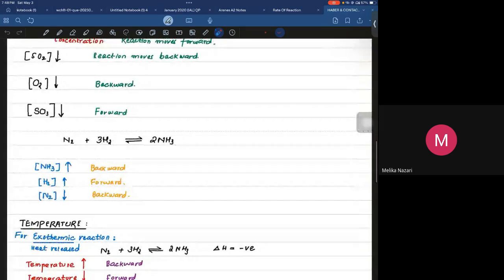Then temperature. Temperature means we have two types of reaction, exothermic and endothermic. Exothermic wants to decrease the temperature. So when they decrease the temperature, they release heat and form a product. Like we have a cup of hot tea.